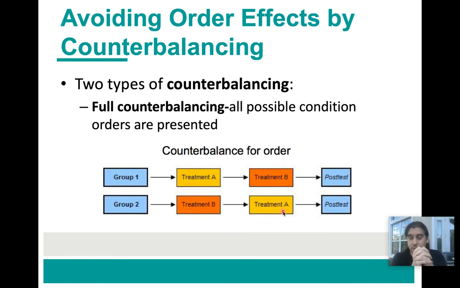Versus I have 100 people and I send them to the Bahamas, and then I take the same 100 people and I send them to Winnipeg as well. That's a within subjects design. That's repeated measures because they're experiencing both levels of the independent variable, Bahamas and Winnipeg.